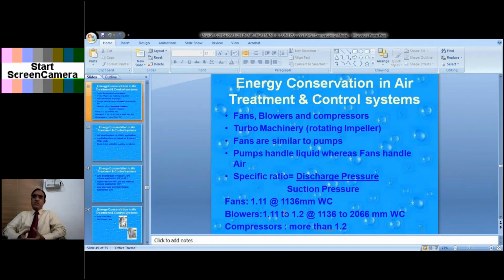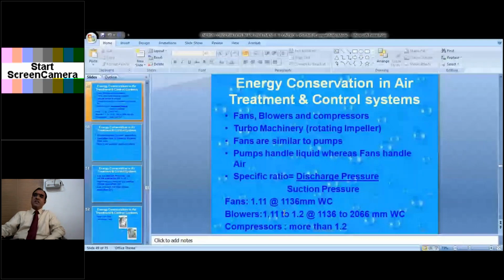Blowers are about 1.11 to 1.12, up to 2066 mm of water column. Compressors, as you know, the high pressure compressors, are more than 1.2. We call that specific ratio the air compressor range.